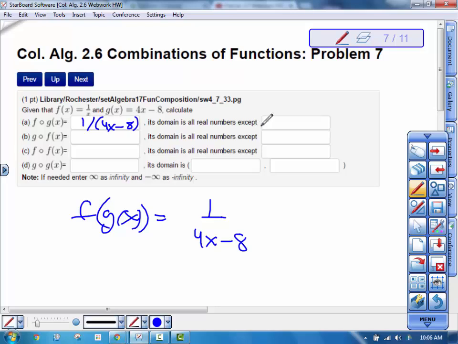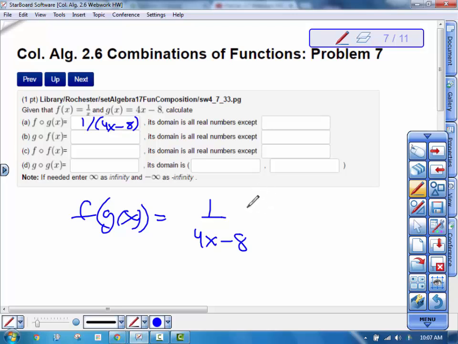The domain is tricky, but to get the domain, you want to look at the original function, which in this case is g of x. The domain is all real numbers there, so there's no restrictions from the original. That's important because you have to carry restrictions from the original function into the final function. It'll make more sense after we do this problem.